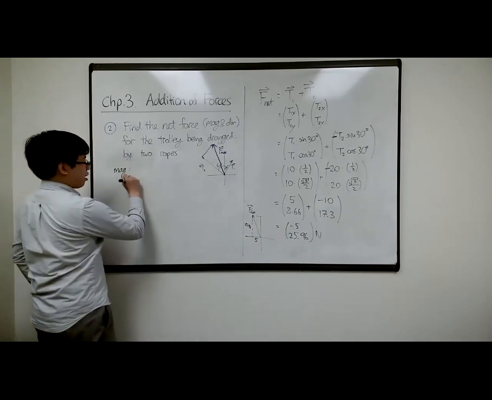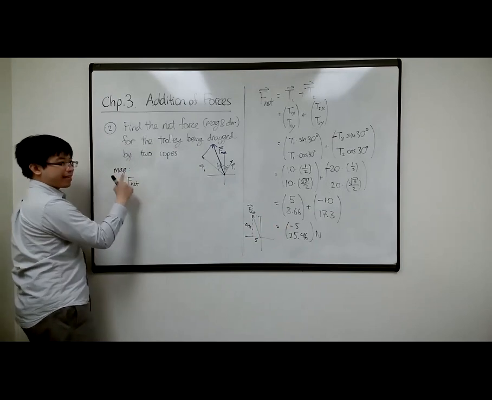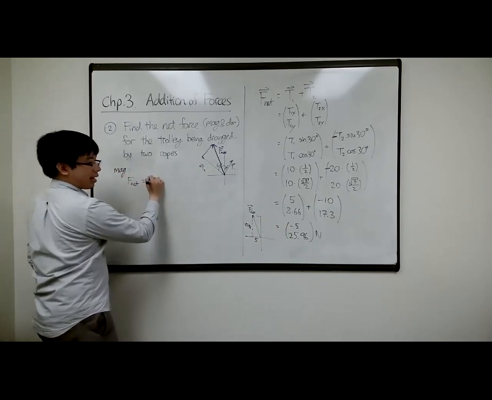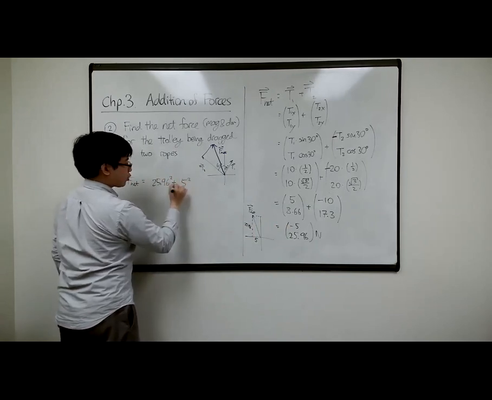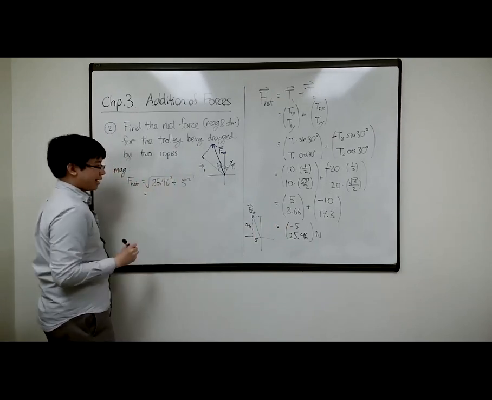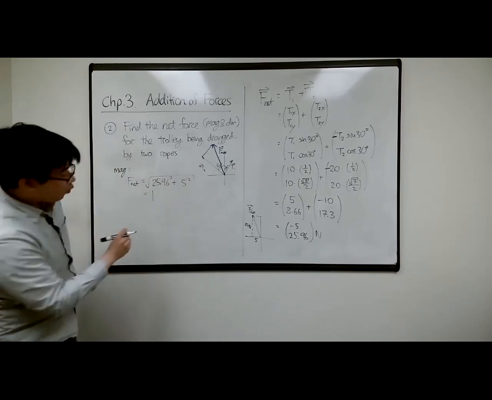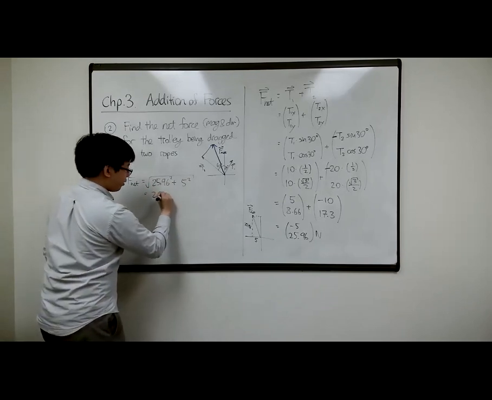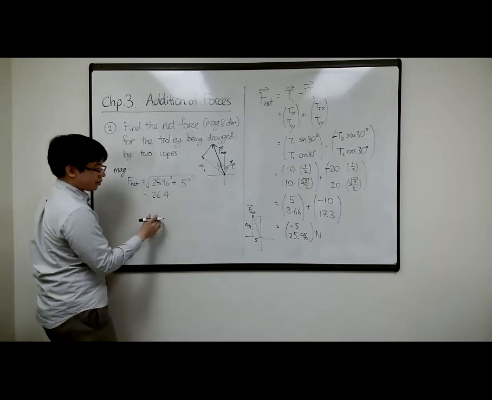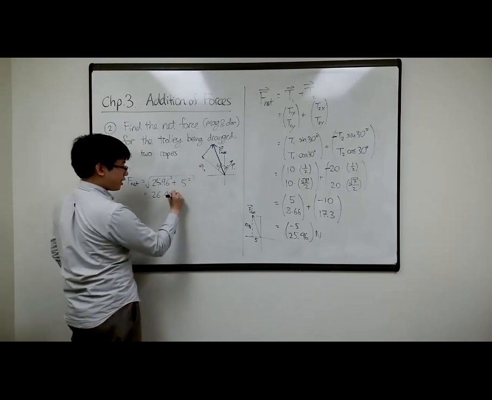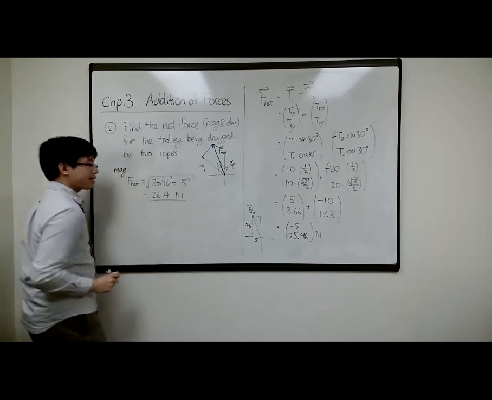So the magnitude of F net without a vector, right, is 25.96 squared plus 5 squared square root. And that is, from what I got, 26.43. And at the end, let's just leave it with 3 significant figures or 1 decimal place. That's good enough.